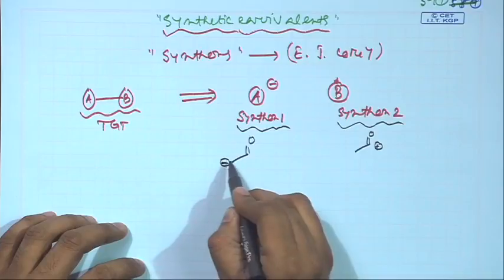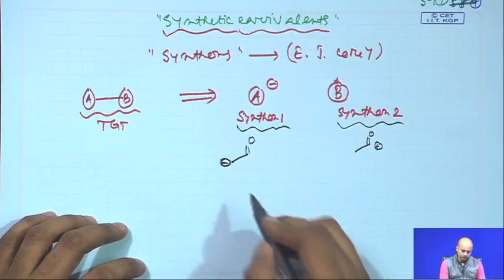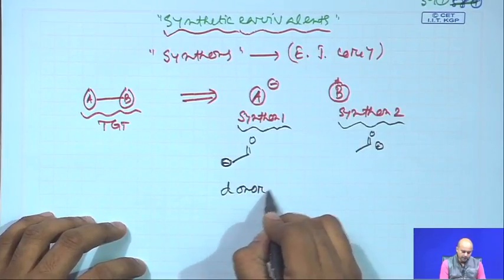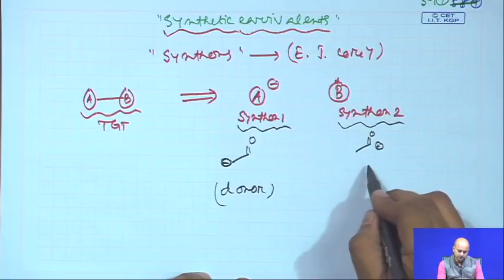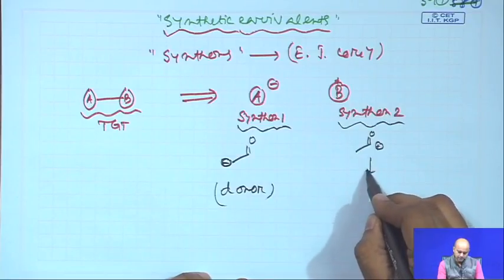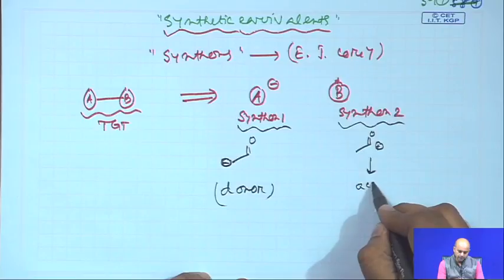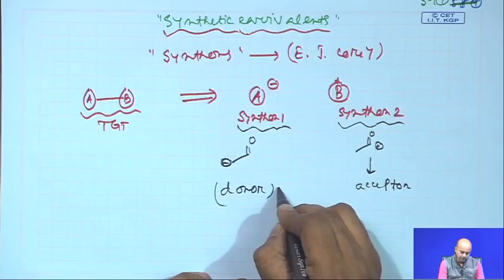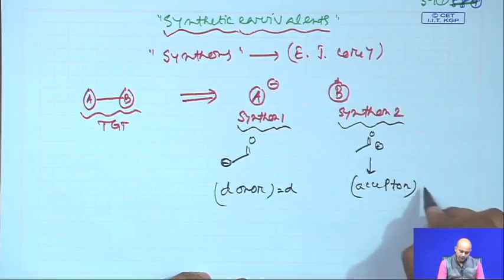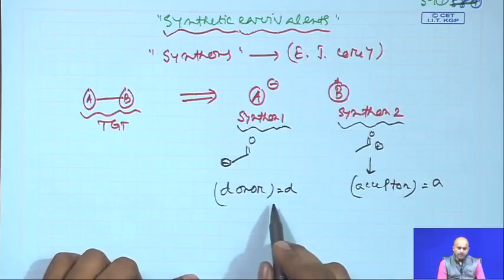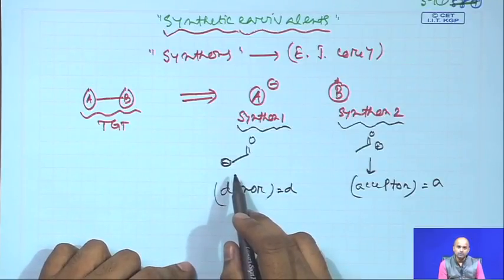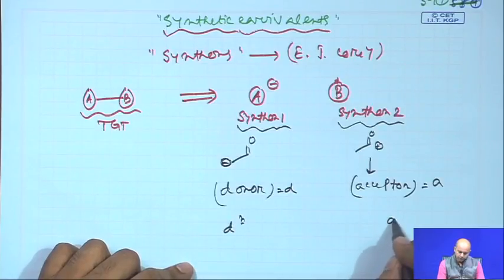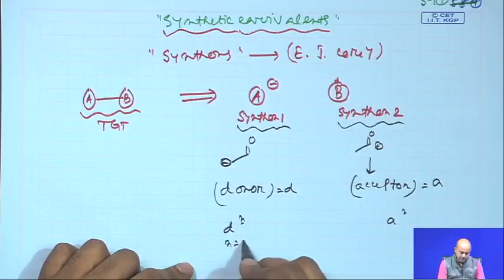Now, if you have a negative charge on your synthon, it is normally termed a donor synthon, or D, and if you have a positive charge, which can act as an acceptor, meaning it can accept electrons, it is termed an acceptor, A. Depending on the number of carbons the donor part has, it is abbreviated as Dn, and likewise An, where n is an integer.